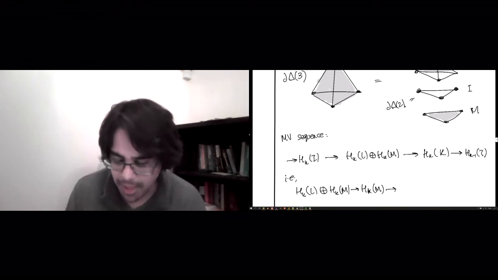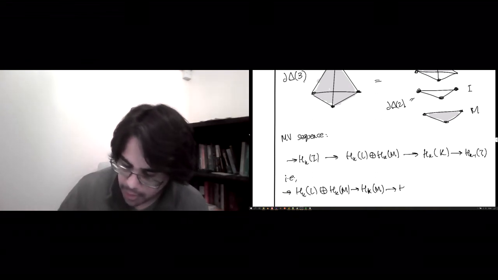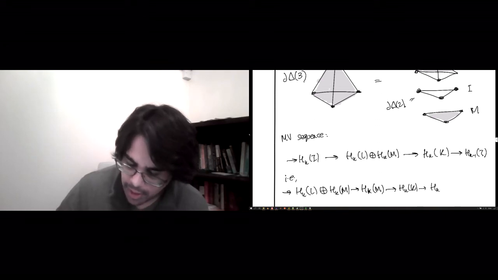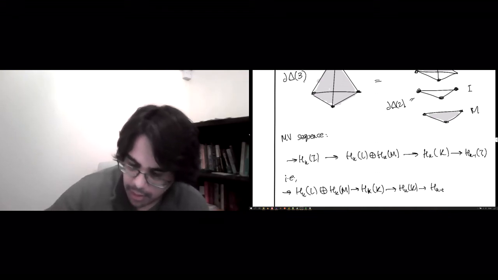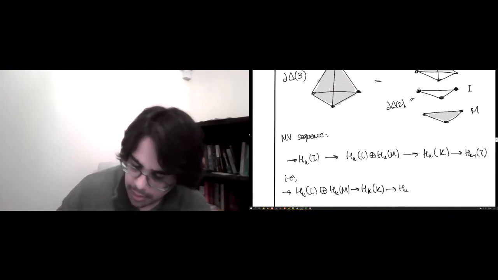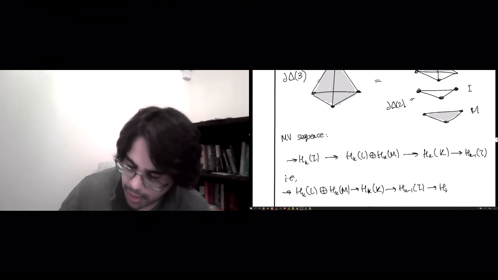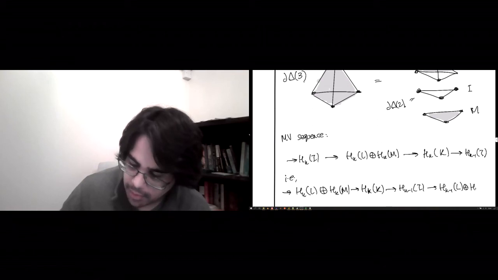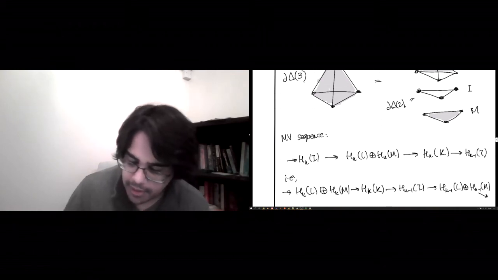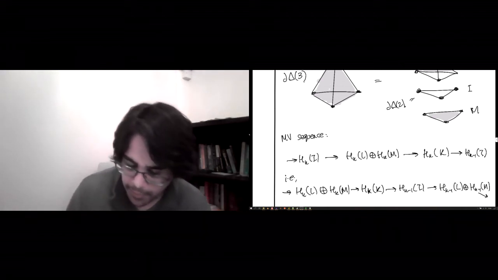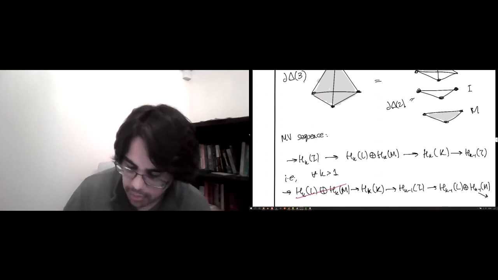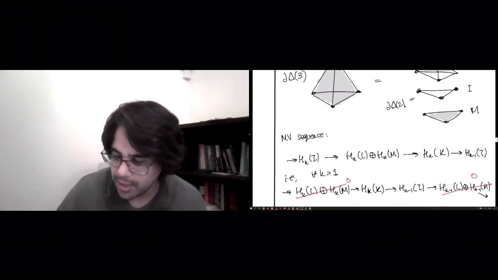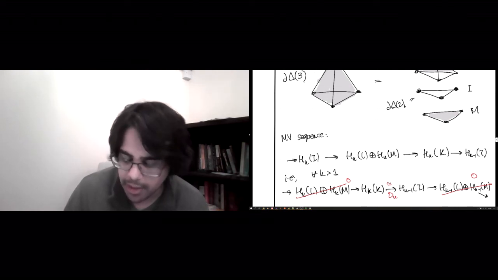It's an infinite sequence, so just imagine we've slid one level forward. h_k of K, h_{k-1} of I, and then h_{k-1} of L direct sum h_{k-1} of M. Okay, the advantage of sandwiching it between the direct sums is that for all k strictly bigger than 1, this term is 0, and that term is 0, which means that this map d_k is actually an isomorphism.